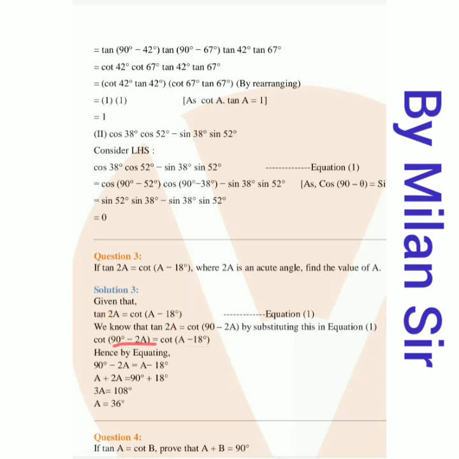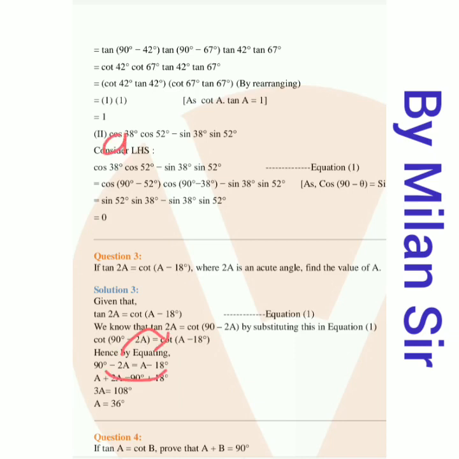That means now I can write 90 minus 2a is equals to a minus 18. And the reason is already written here, hence by equating. If we equate these two, then our trigonometric function is same, so our angle must be same. That means 90 minus 2a is equals to a minus 18. Now transfer this 2a to the right hand side and transfer this 18 to the left hand side.